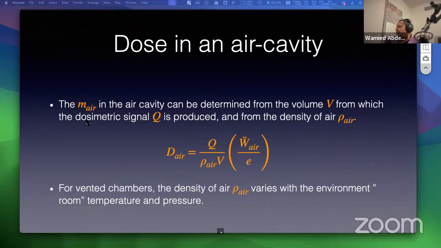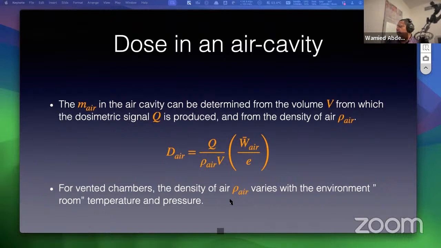Since the chamber has a volume, we can rewrite the mass of air as the density of air multiplied by the volume of the chamber. For vented chambers, that is, a chamber that is open to the environment, temperature and pressure affect the density of air inside the chamber, so this density will vary.